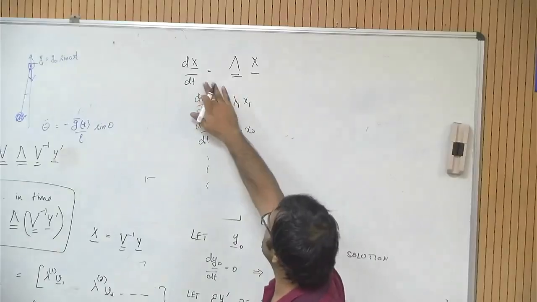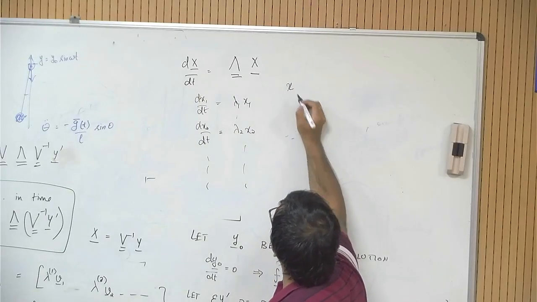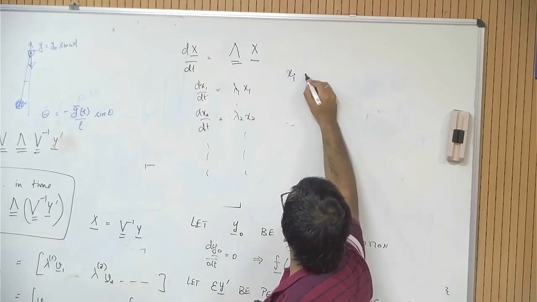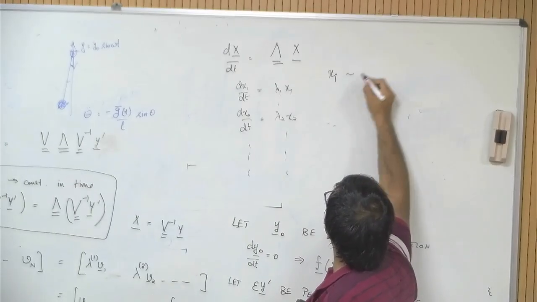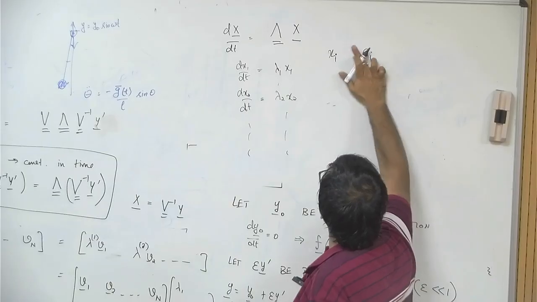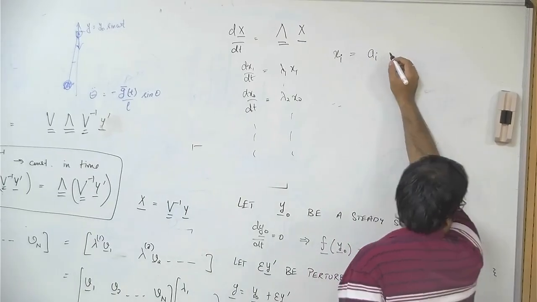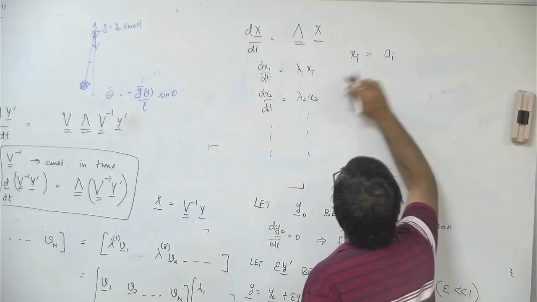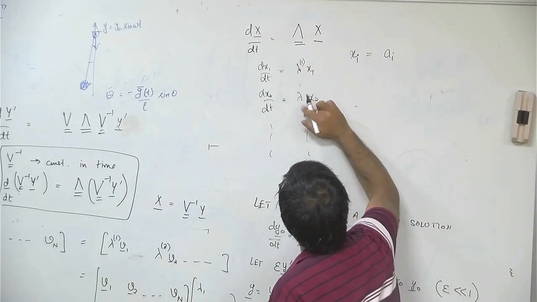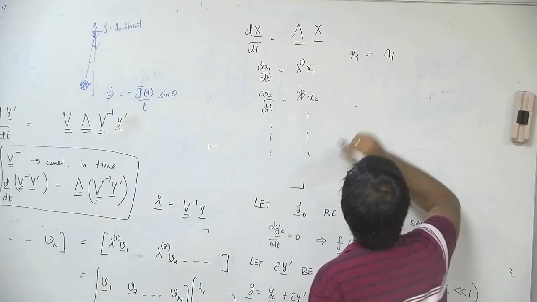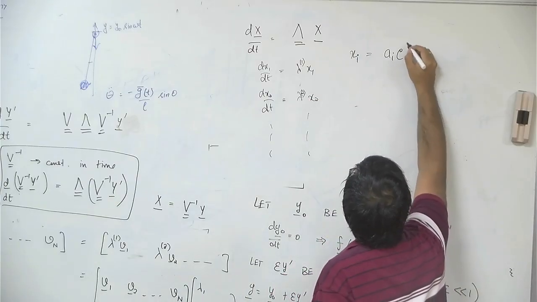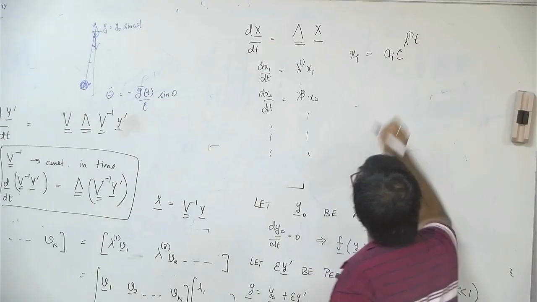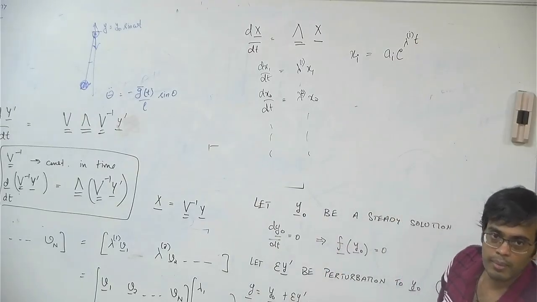And so, from here we know that each of these xi's are going to vary as some constant ai times e to the lambda i t. Let me keep writing this as superscript so you do not confuse it with index notation. Okay.